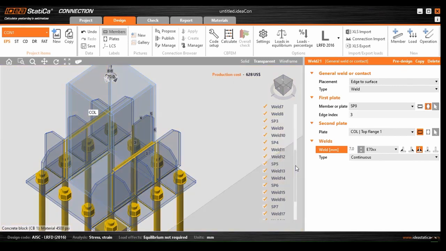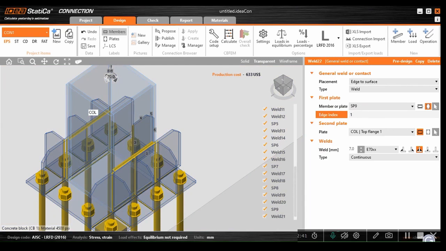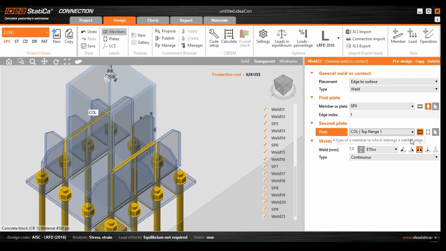So create a copy of weld 21, assign SP9 index to 1, and change the second plate to BP1 because we want to create a weld in order to make connection of SP9 and base plate.